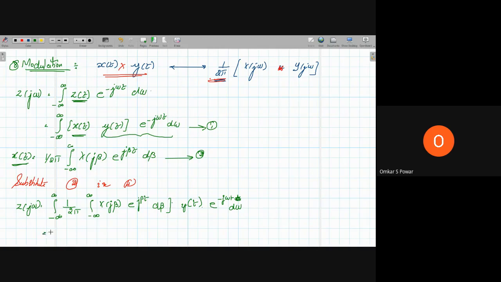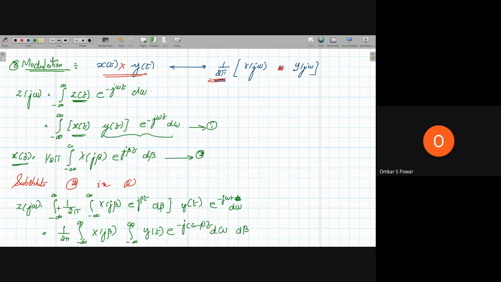So now I will write this one as 1 by 2 pi integral from minus infinity to infinity X of j beta into integral from minus infinity to infinity y of t e power minus j into omega minus beta into t into d omega into d beta.